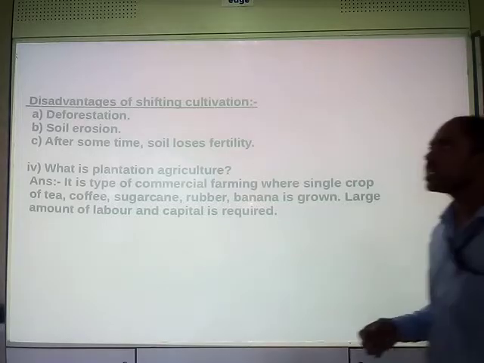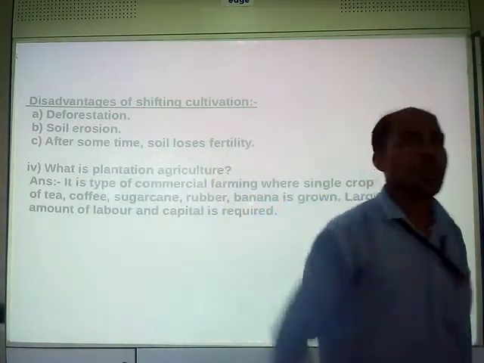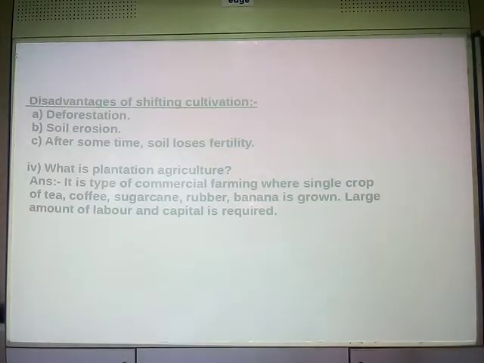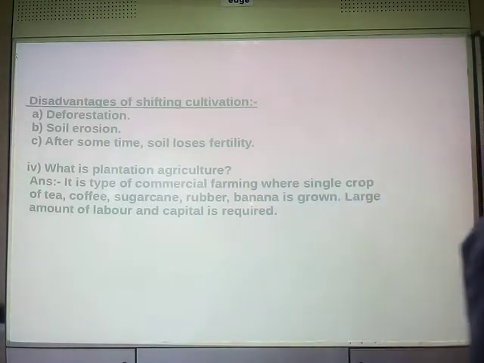And another disadvantage is, after some time soil loses the fertility because crops take away all the fertility, and as a result soil does not have the fertility inside it. So these are some of the disadvantages of shifting cultivation.